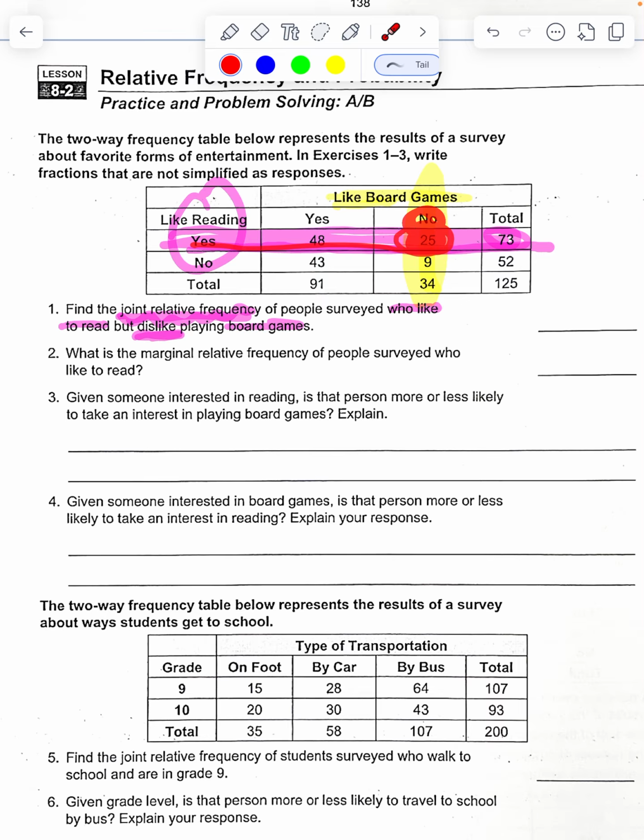This is the joint frequency. But what does relative mean? That means 25 all over the grand total. So 25 over 125. This is not a simplified fraction.